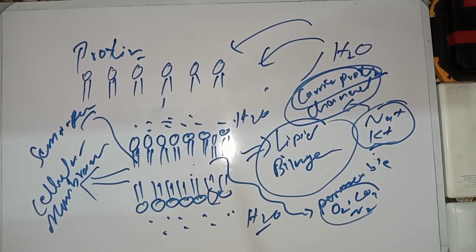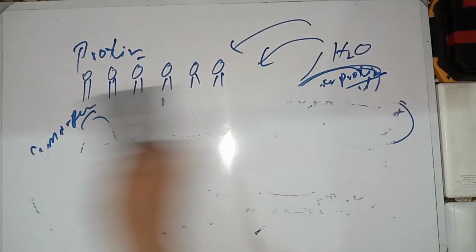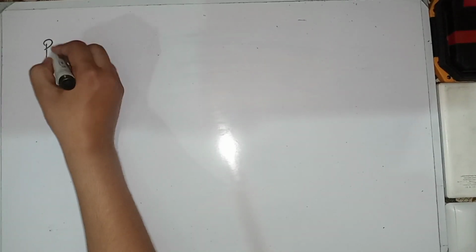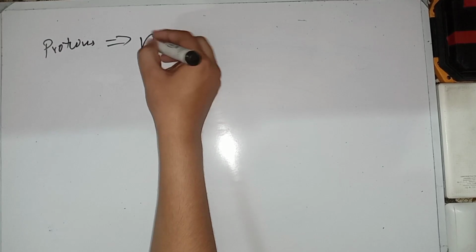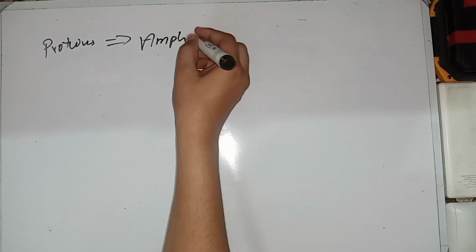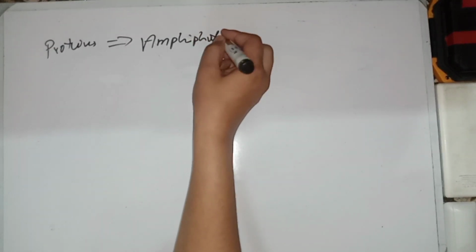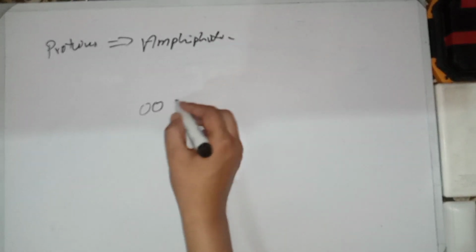So what are these proteins? Let's have an overview of these proteins here. As lipids were amphipathic compounds, membrane proteins also show amphipathic behavior. So this is a membrane here supposedly.